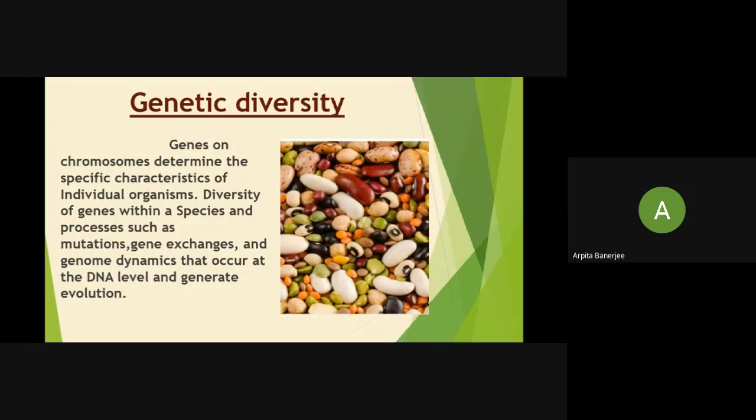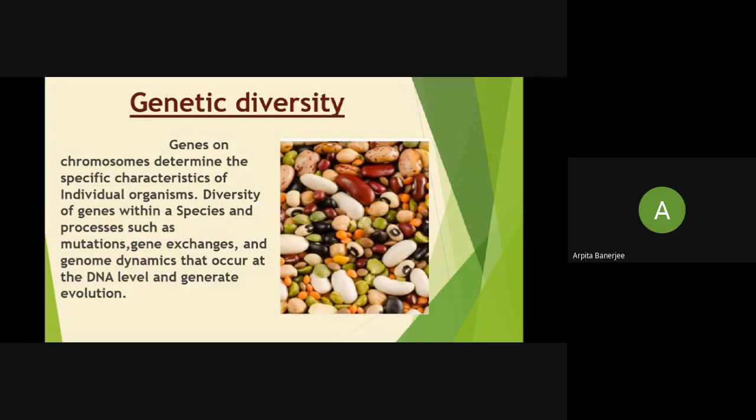Genes on chromosomes determine the specific characteristics of individual organisms. It is the diversity of genes in a species, or processes such as mutations, gene and organism changes, and genetic dynamics that occur at the DNA level and generate evolution.